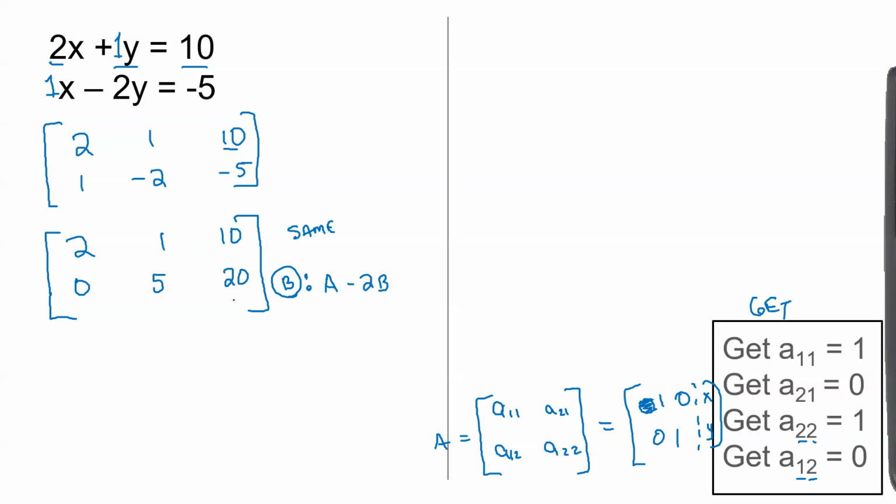This is pretty tedious. So what we did here, left the top row the same. Down here, I had the 1 minus 2 times a negative 2. And negative 2 times negative 2 would be positive 4, and 1 plus 4 would be 5.